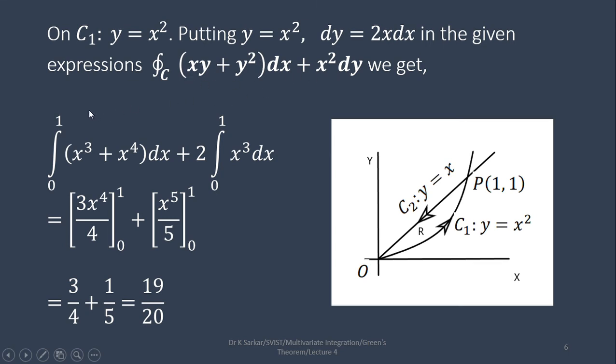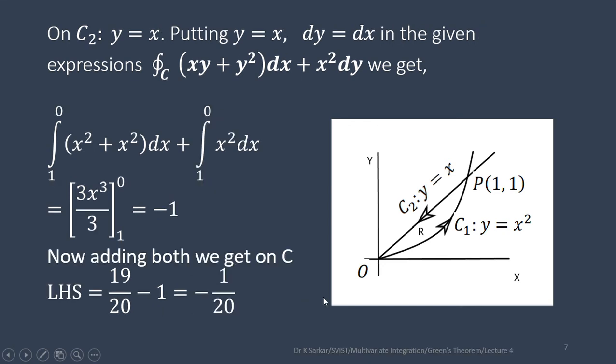Then it becomes x cube plus x to the power 4, and this part x cube with 2, why? Because 2x is there. So 2x into x square is 2x cube. Now the limit for x is 0 to 1. You can solve this single integral yourself. The value is 19 by 20.